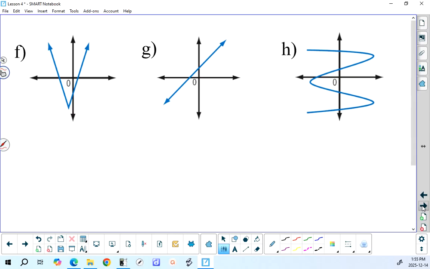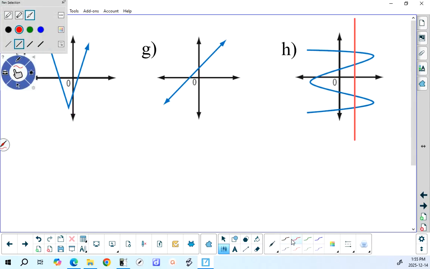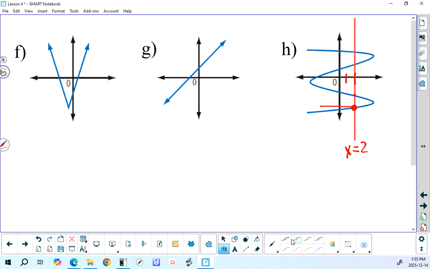And I'm going to start off with h. Right here, I don't know what x value that is. Let's just make up a number. Let's say that that is x equals 2. Well, there's a point here with a certain y coordinate. There's a point here with a different y coordinate.